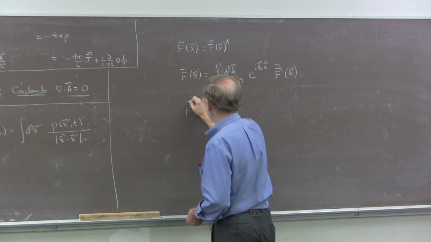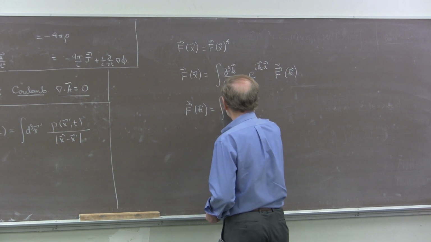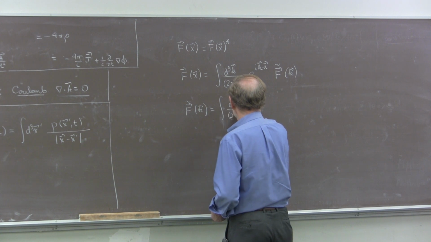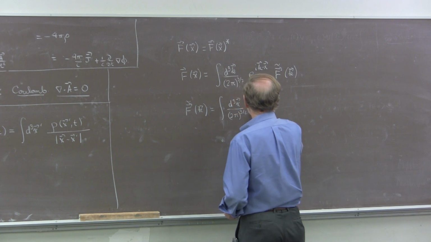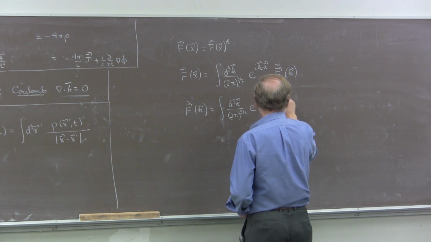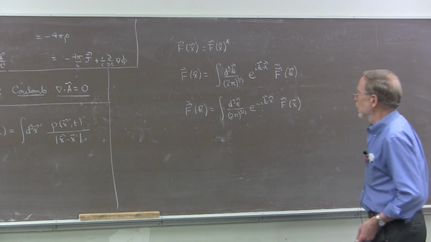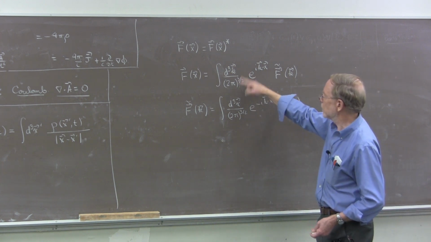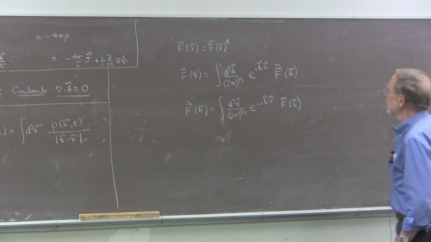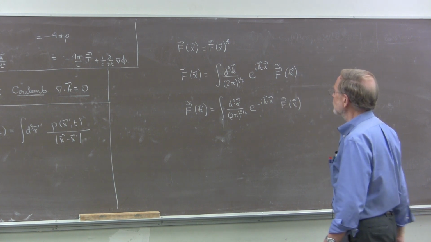So the Fourier transform F tilde of k, or let's write this as the inverse Fourier transform if you prefer, is an integral over x divided by (2 pi)^(3/2) of e to the minus i k dot x times F of x. So this is the forward and inverse Fourier transforms, just giving a convention for the normalization which balances the factors of 2 pi between the forward and inverse transforms. All right, so let's make these definitions.